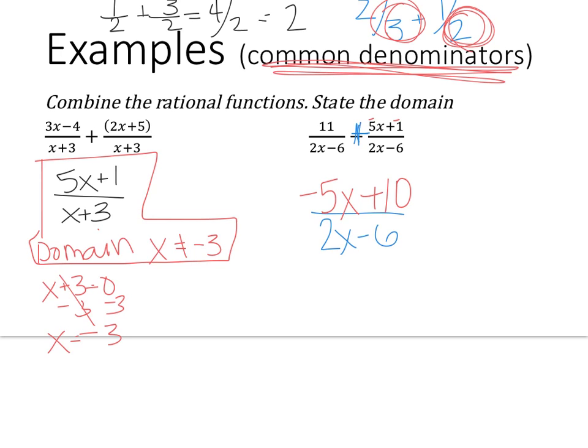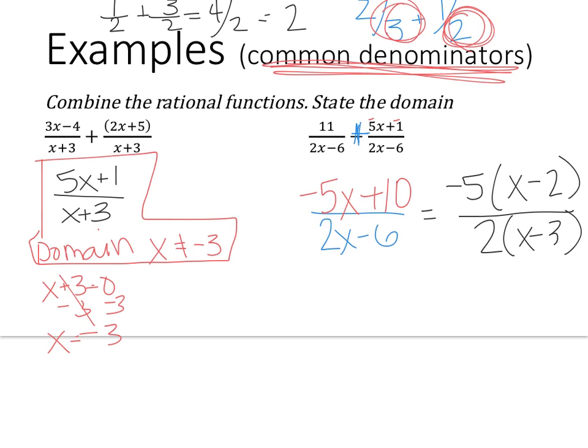So if you can factor, you always want to look out for that. If I factor out a -5 on the top, I'm left with x minus 2. And if I factor out a 2 on the bottom, I'm left with x minus 3. Now this doesn't give me anything to cancel, but it does make finding my domain easier.